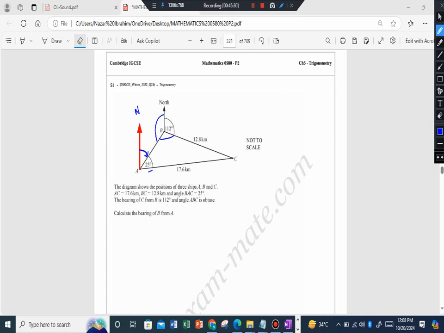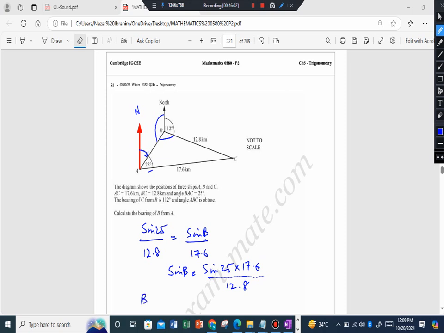So sine 25 upon 12.8 kilometers is equal to sine B, which is unknown to me, upon 17.6. So sine B is equal to sine 25 multiplied by 17.6 upon 12.8.